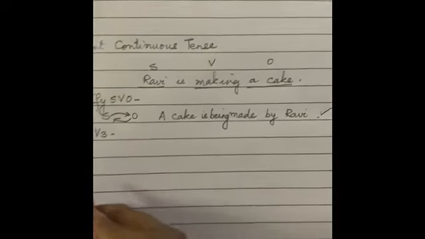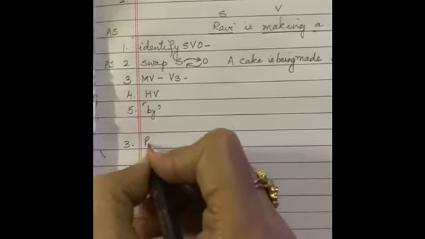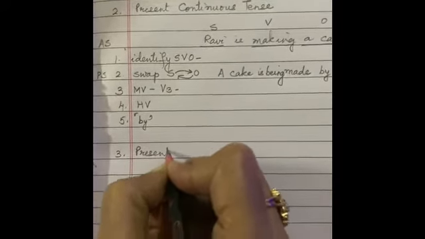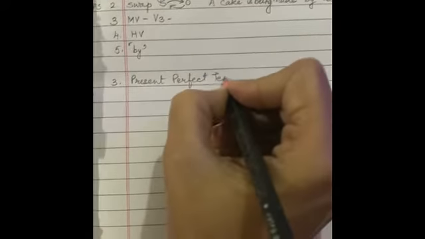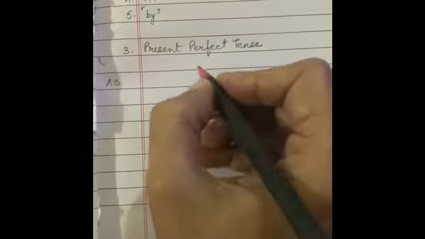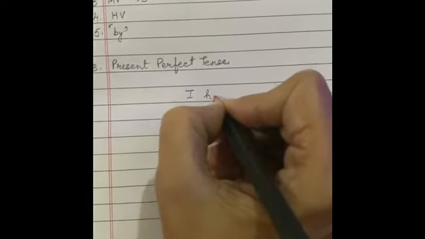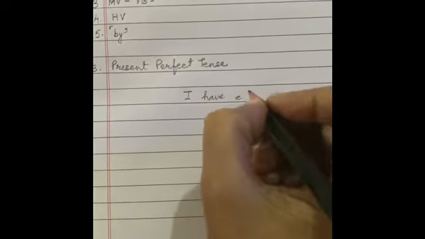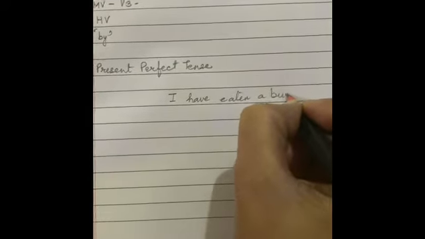Now let's see the example of present perfect tense. Now again active sentence. I am going to write: I have eaten a burger.